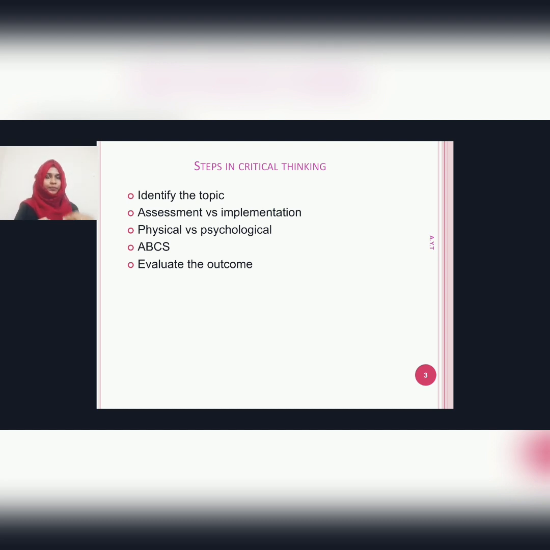Then you will categorize the options as physical or psychological, whether it is a physical need or a psychological need of the patient. Next is the ABCs, airway, breathing and circulation. Finally, after selecting the option, you will evaluate whether it gives a safe and effective outcome to the patient. Okay, so we'll go to the next slide.